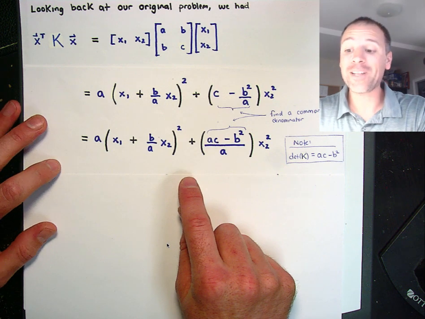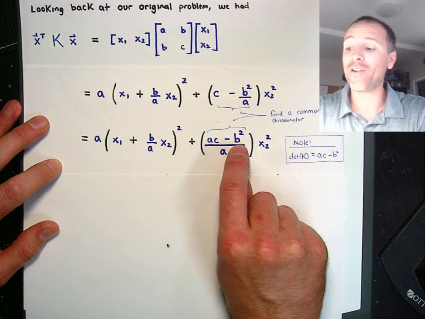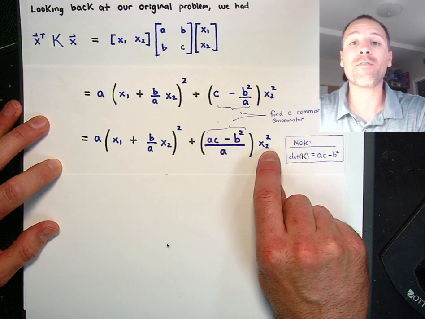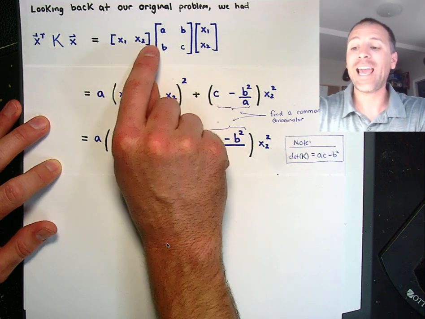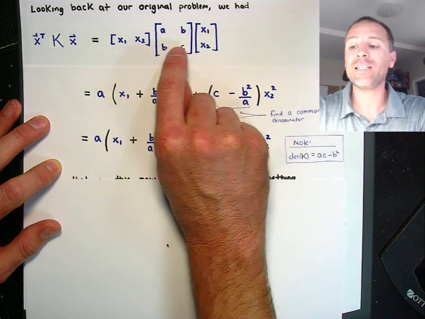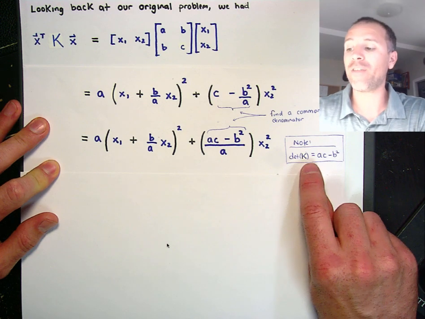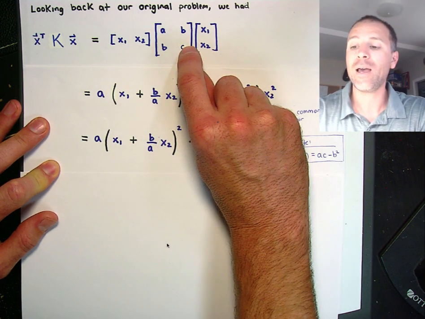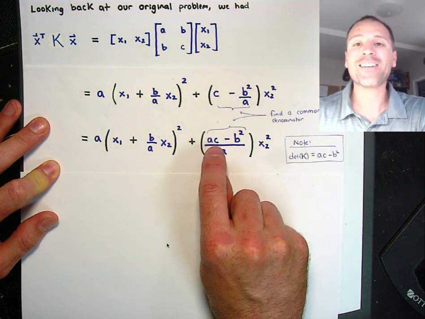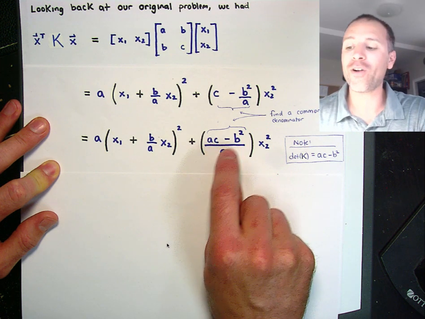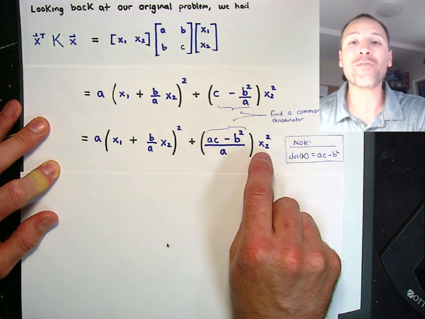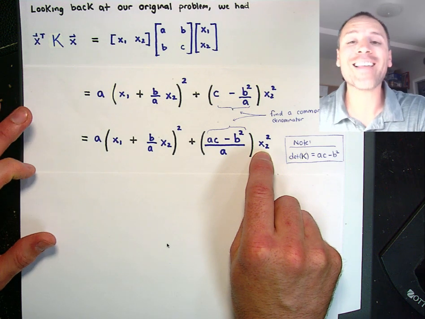As a friendly reminder, there's something really special going on in the numerator of the coefficient for the second variable squared. Remember that k we wrote as a, b, b, c, which means that the determinant of that matrix is a times c minus b squared. That determinant actually shows up in the numerator of the scalar in front of the second coefficient squared. We're going to come back to that in just a little bit.